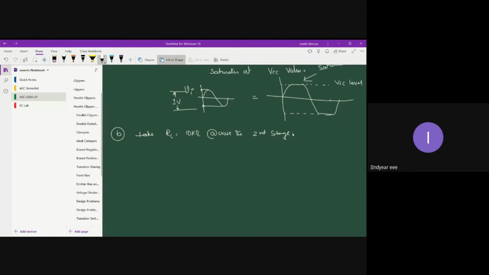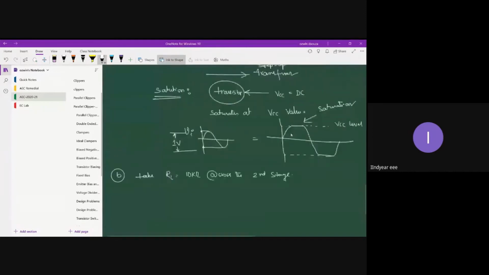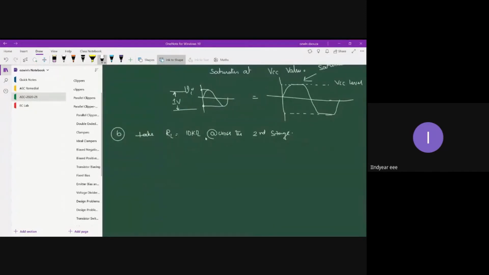So you're going to take a 10 kilo ohm resistance across the second stage. That means AV1 is unaffected, right? AV1 remains the same because you're not connecting anything on the first stage. So AV1 continues to be 102.34, but AV2 will change.